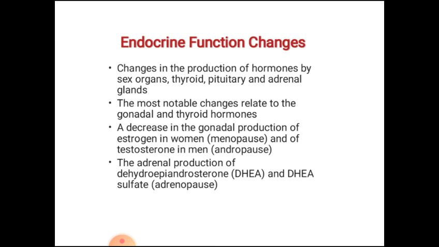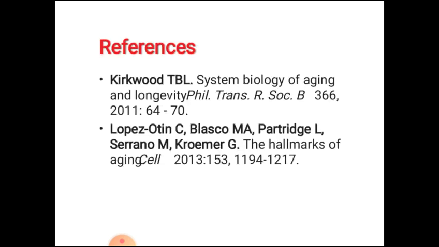A decrease in gonadal production of estrogen in women can lead to menopause in aging women, and a testosterone decrease in men can lead to andropause in men. The adrenal production of dehydroepiandrosterone, DHEA, and dehydroepiandrosterone sulfate leads to adrenopause in men.